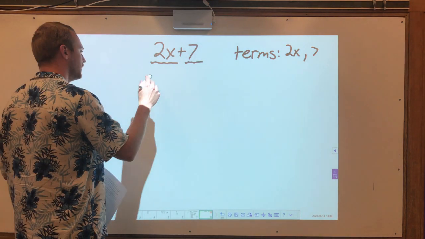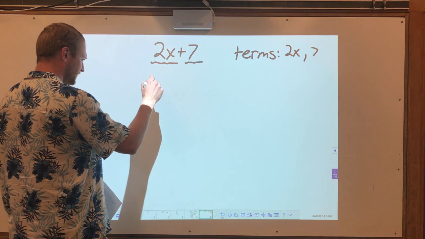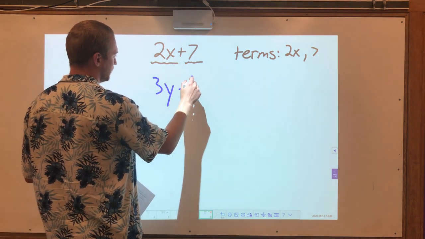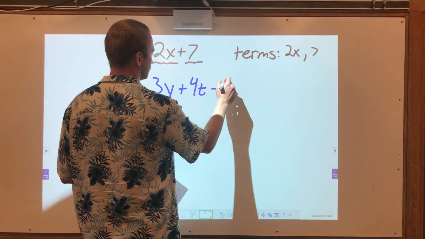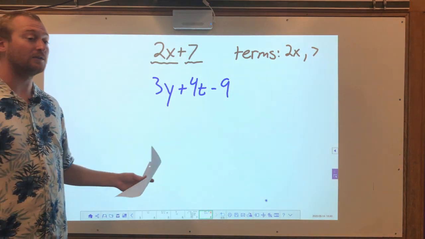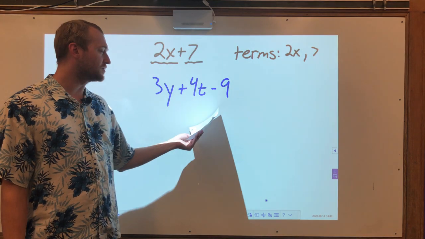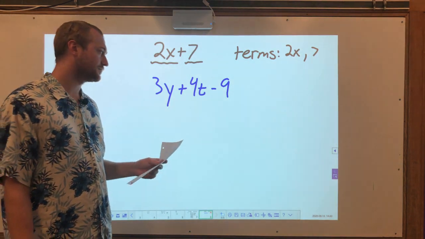Let's look at another one. I'll use a different color. Let's go blue. Let's do 3y plus 4t minus 9. We look at this algebraic expression, and again there's just products and sums, and there's a difference here.